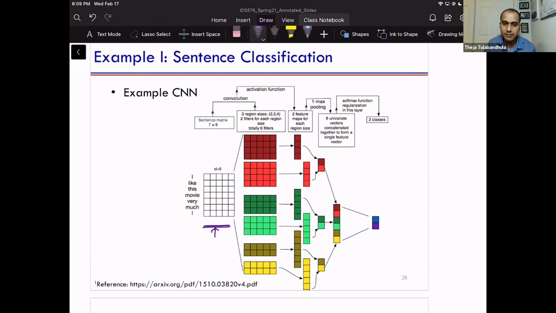Each of them has a vector representation. By the way, vectors don't have to be just for words. They can also be for punctuation and other tokens, for example. So I have these words or symbols, and for each one I have a 5-dimensional vector, so d is equal to 5.